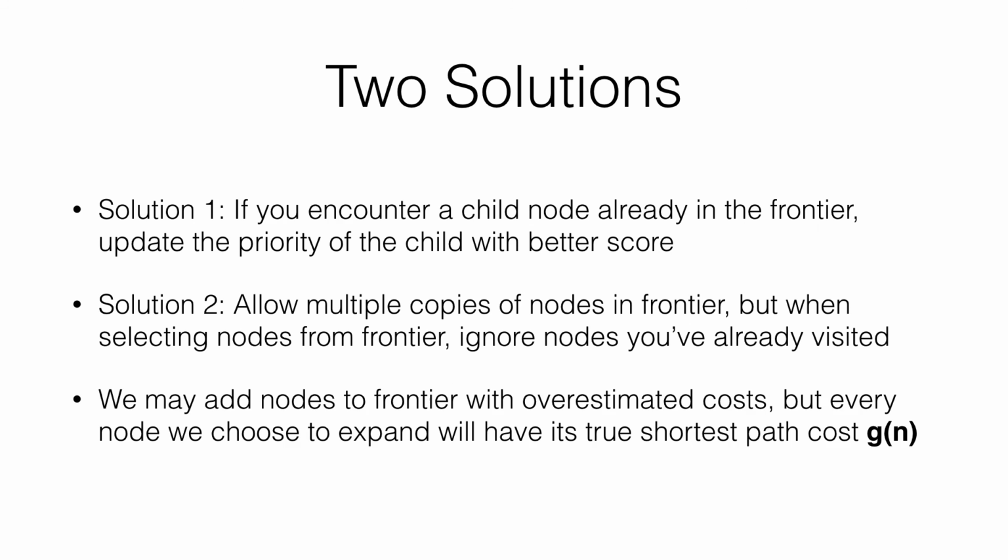So with all that said, what that means is that during the process of adding nodes to the frontier, we may temporarily add nodes to the frontier that have overestimated costs, because we reach that node through a path that's not the optimal path to get to that node. But we will never expand a node unless we have actually found the true shortest path to that node.